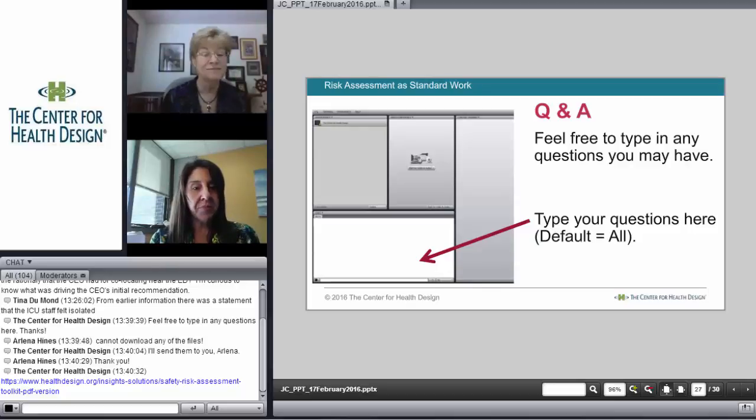Here comes one. So this question is, were both of these projects part of a lean process improvement project or not? Actually, the first one, the ICU, was not.